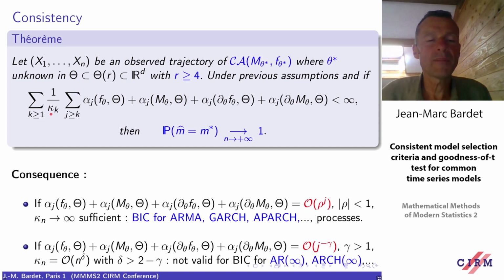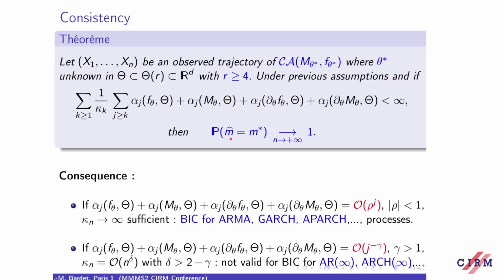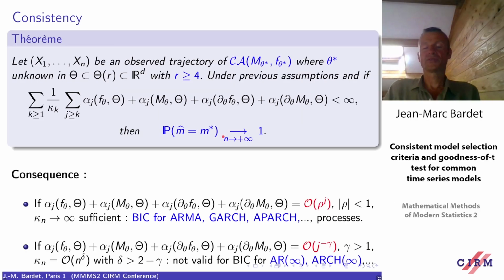So if kappa is large enough for this sum to be finite, then the selected model is asymptotically consistent. That is, we recognize the true model asymptotically.